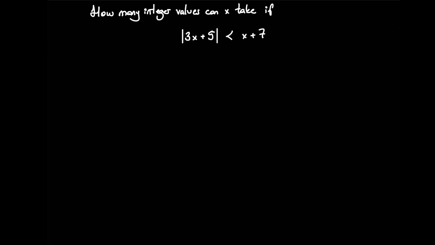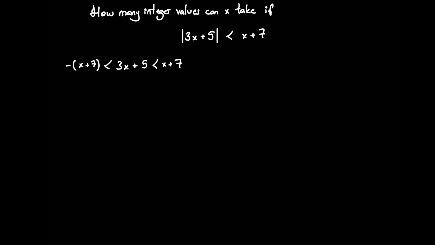So here I will say that 3x plus 5 is less than x plus 7, but also 3x plus 5 is greater than minus x plus 7.